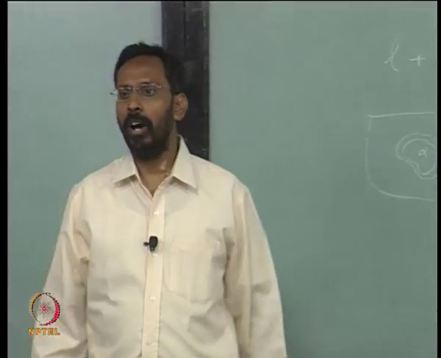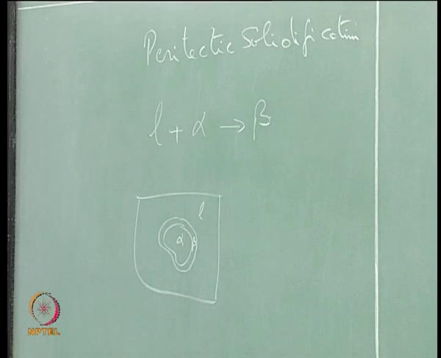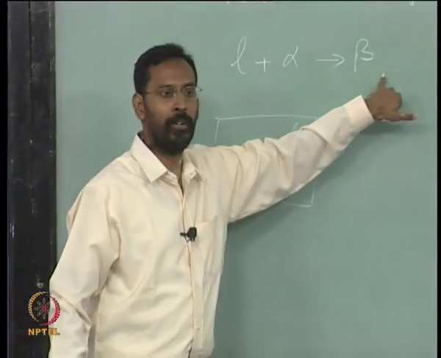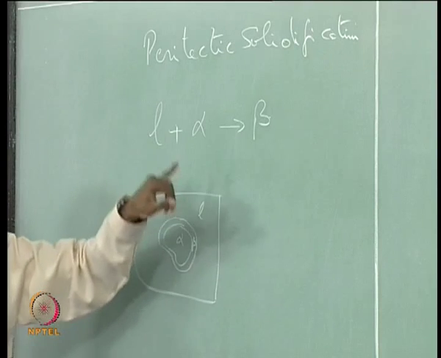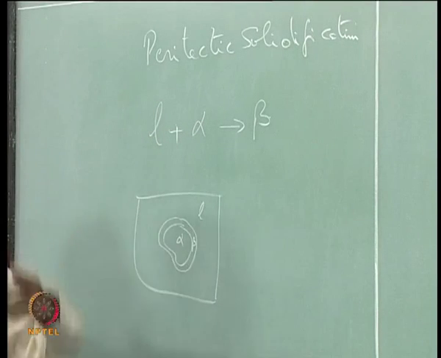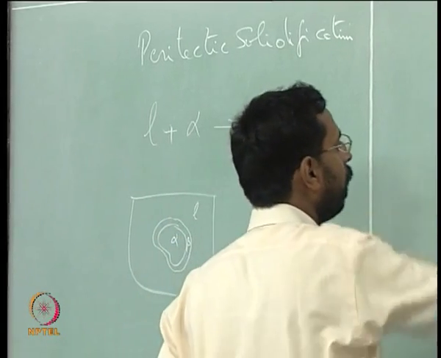The moment you have a beta form at the interface between liquid and alpha, there is no more interface between liquid and alpha. So, how does this peritectic reaction continue? Because a peritectic reaction is liquid plus alpha giving you beta, and the moment the initial reaction starts at the peritectic temperature, let us remember our peritectic phase diagram.